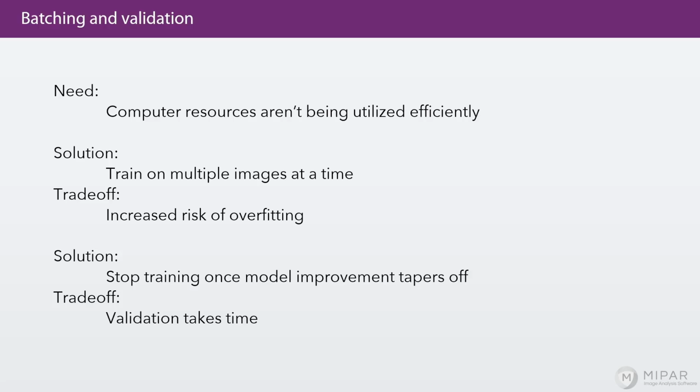This way you can report how accurate the model currently is. And if it's good enough, you can stop the training. If it's no longer improving, you can stop the training. The trade-off, of course, is that the validation process itself takes time. So you aren't guaranteed to reduce your end-to-end training time, but it is certainly a possibility.